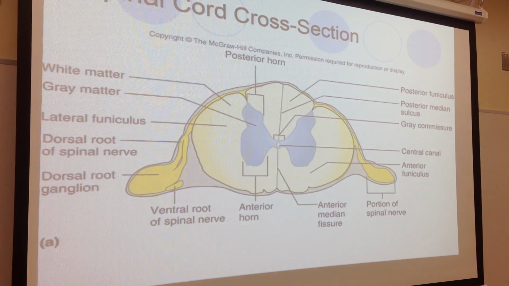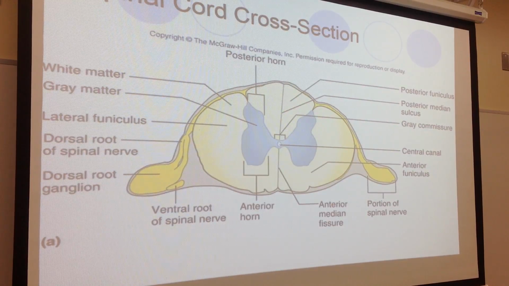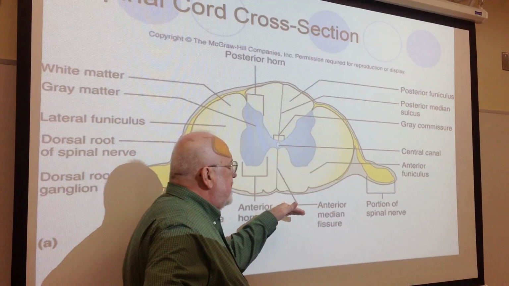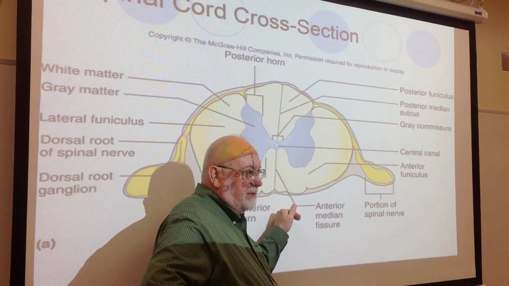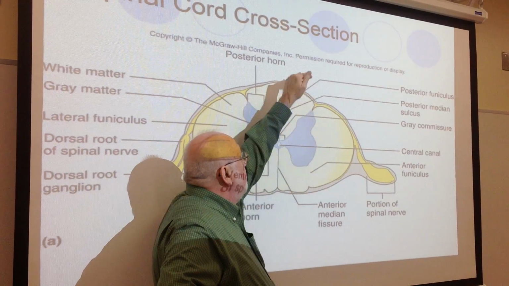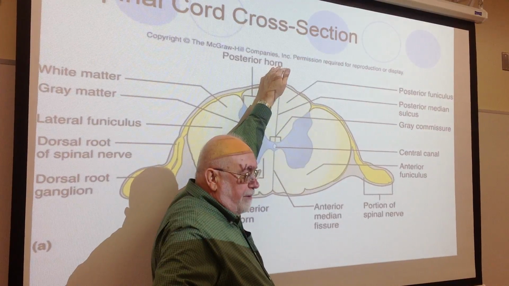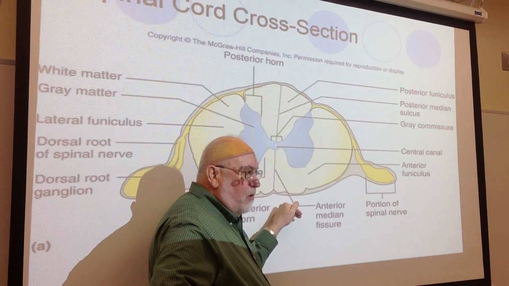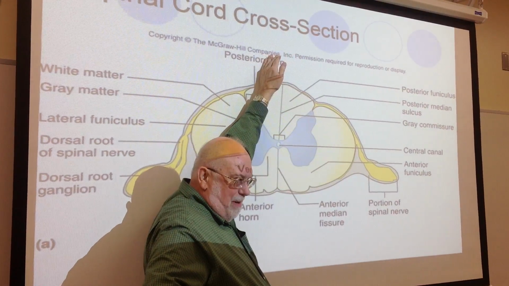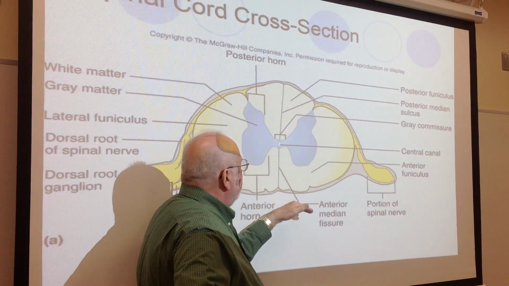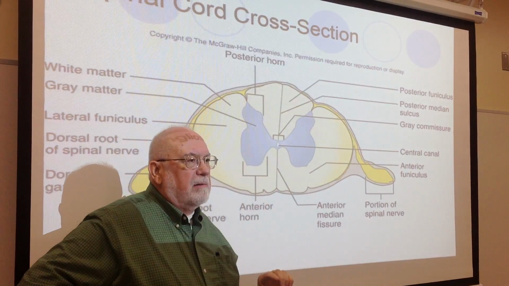Now, when you take a look at the cross-section of the cord, we have the anterior side here at the bottom of the screen and the posterior at the top. All right, ventral, dorsal. Remember those terms. Now, one other thing about the cord.